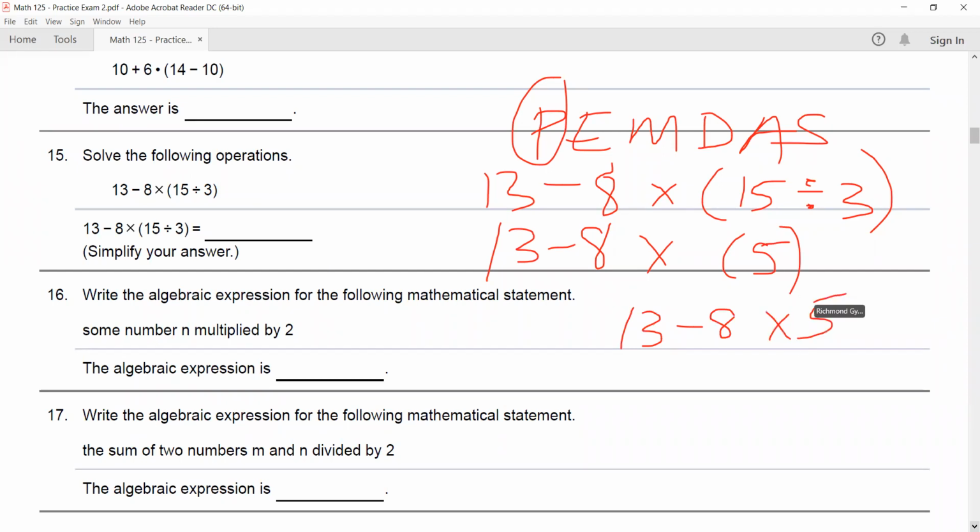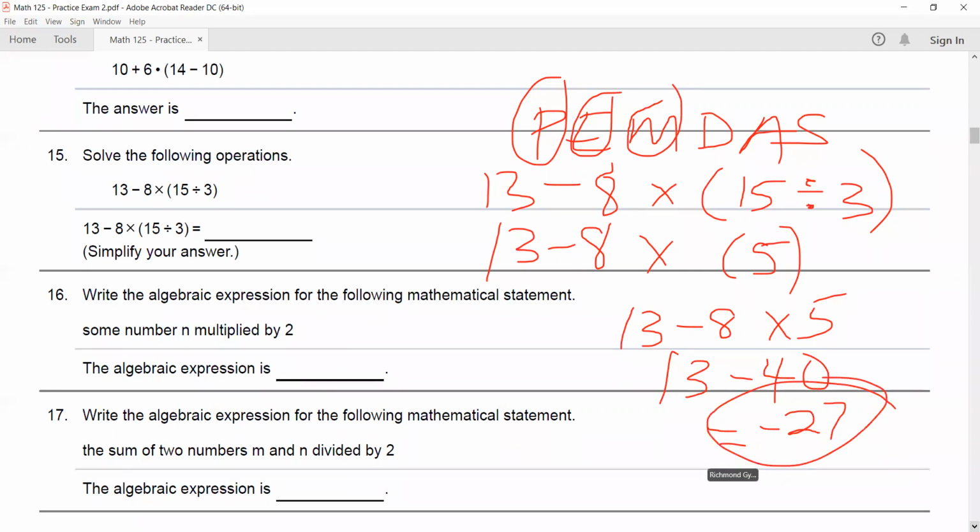Now the rule says you have to move on to exponent or multiplication. We don't have an exponent in here, so we go to multiplication. So we have 13 minus 40. And what does that give us? Negative 27. I'm going to put that here.